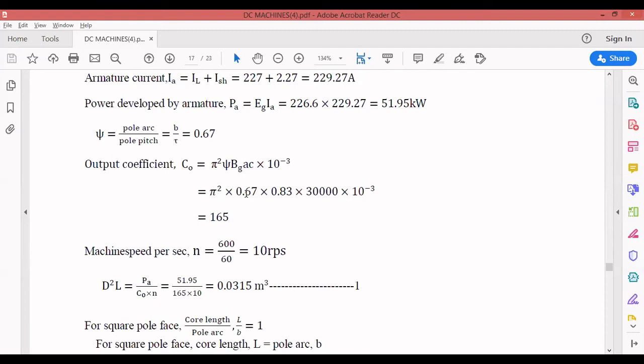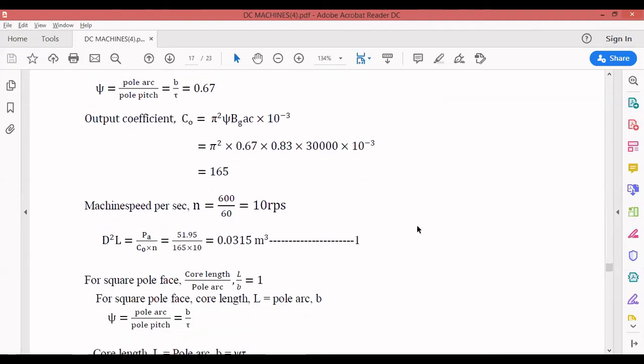Substitute psi as 0.67, BG as 0.83 and AC as 30,000, into 10 power minus 3. The output coefficient you got here is 165. Then we calculate the machine speed per second. Don't write synchronous speed as in AC; in DC, you write speed per second or machine speed per second.